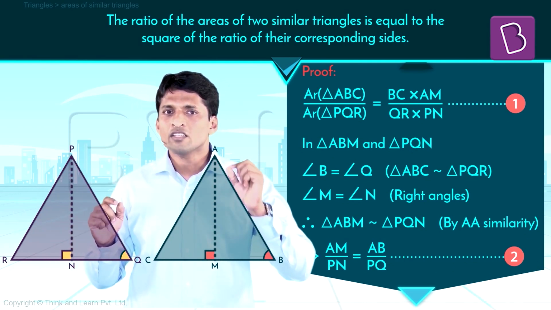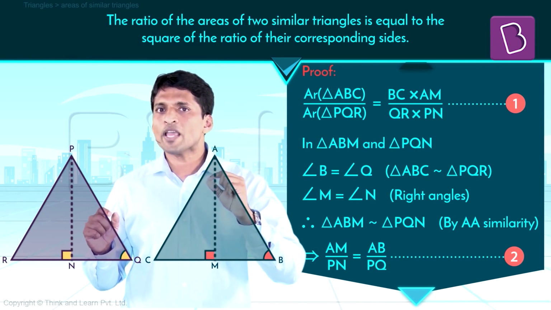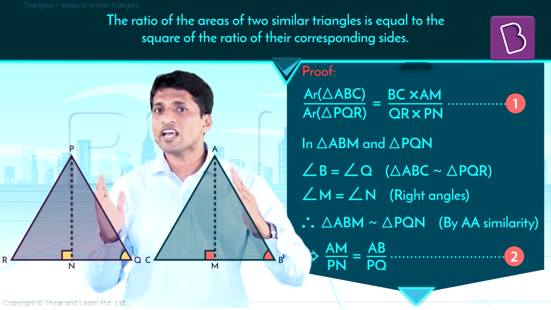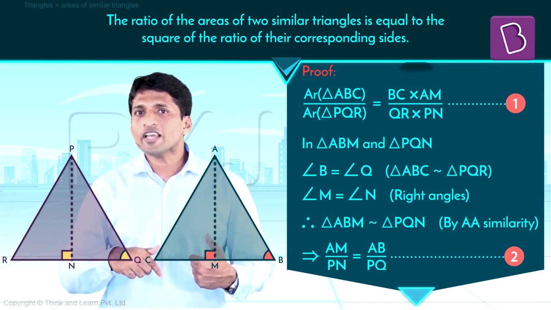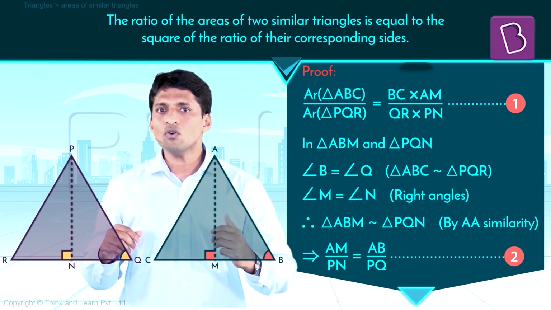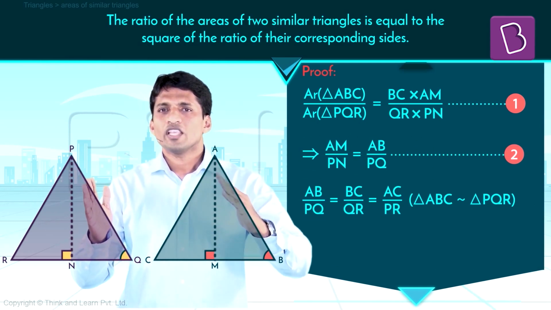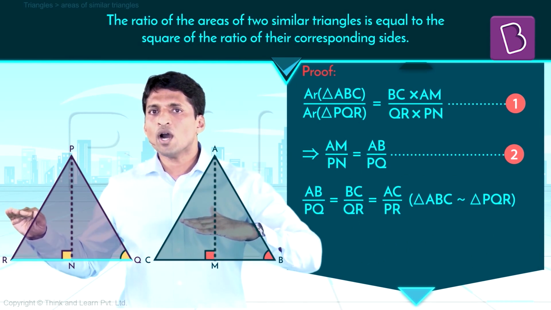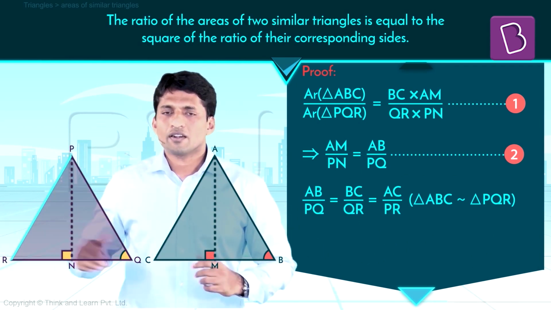Now in the first ratio, in how we have written area, there is one AM by PN. We can actually replace that by AB by PQ because of this. And from the given condition, that is ABC and PQR are similar, you can also write down AB by PQ equal to BC by QR equal to AC by PR.